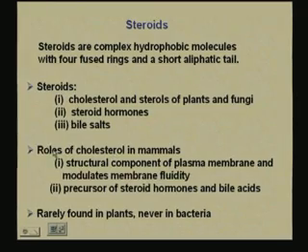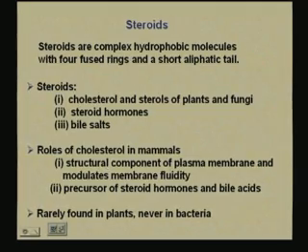Now, what are the roles of cholesterol in mammals? You know that fat is good for you. Okay? Not all cholesterol is bad. You need some fat, you need some cholesterol also. The roles of cholesterol in mammals are that it acts as a structural component of the plasma membrane and modulates membrane fluidity.